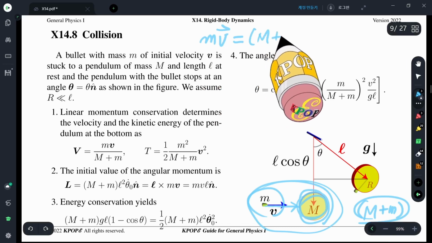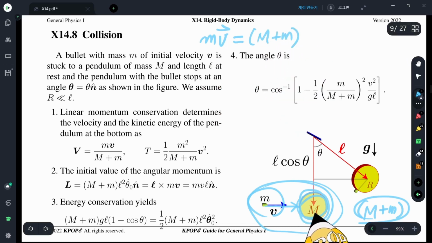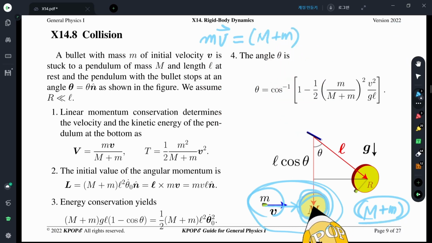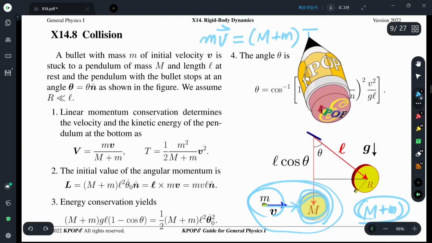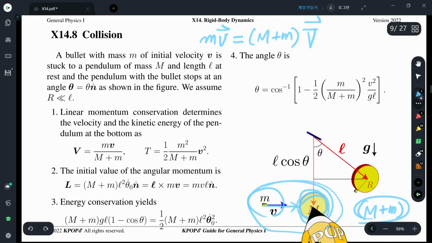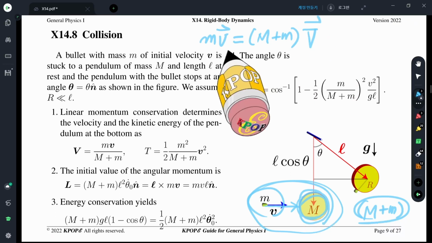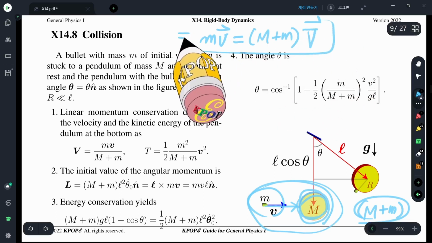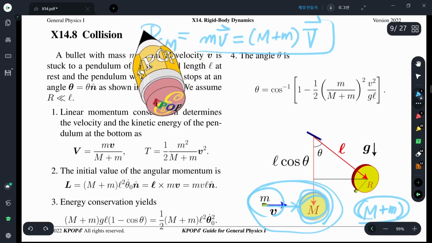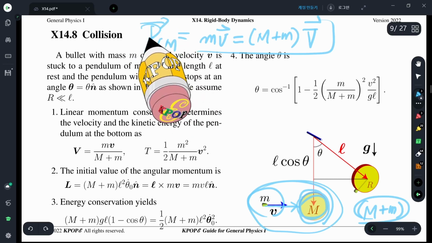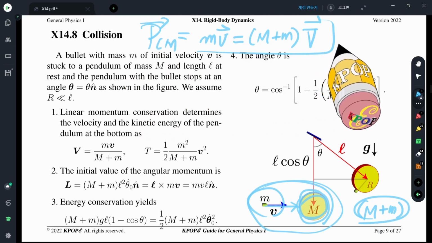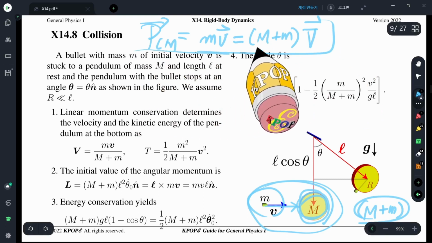Therefore, in the final stage, right after the collision, we assume that there is no displacement. It happened in a very short time. Then capital V is the final velocity right after the collision. This is obtained because P_CM is conserved, so the total linear momentum is conserved.